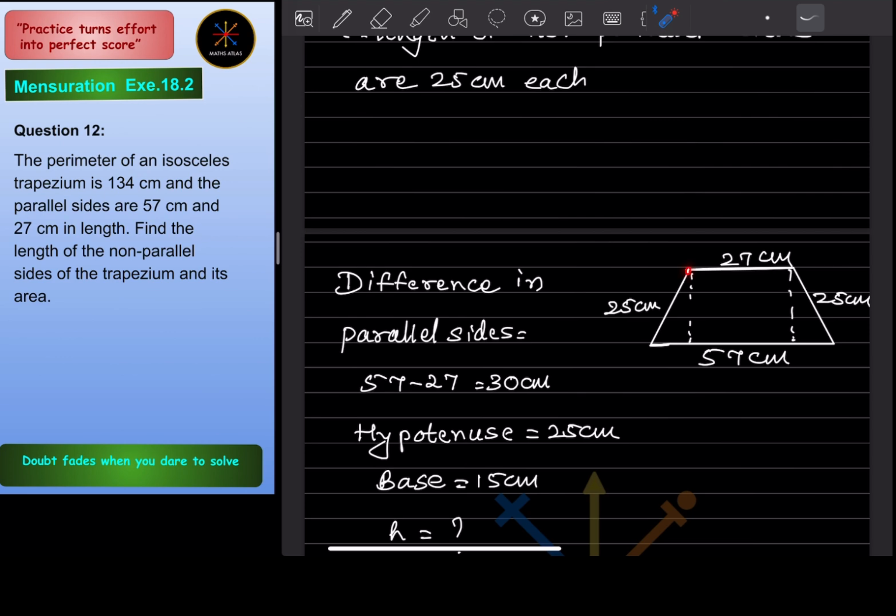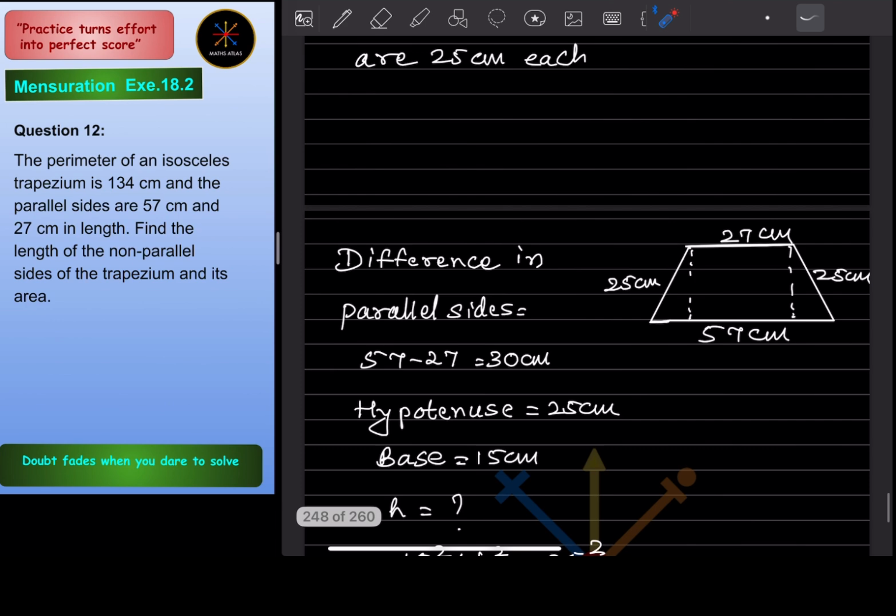So the hypotenuse is 25 centimeter and the base is 15. The difference is 30, which means this part is going to be 15, this part is going to be 15, and this is going to be 27.